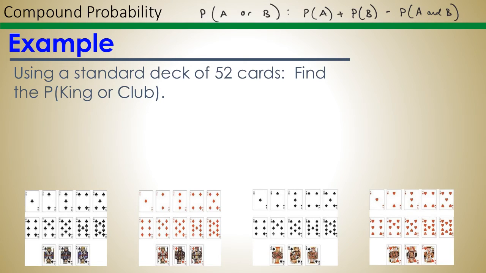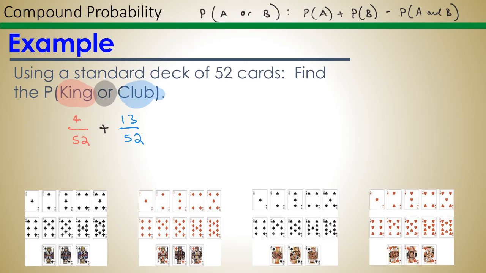Using the standard deck of 52 cards, find the probability of getting a king or a club. Starting with king, there are 4 kings in this deck of cards, so 4 out of 52 cards are kings. Whenever we see the word or, that means we're going to add. Then club: there are 13 clubs in the deck of cards, so the probability would be 13 over 52. But there is an overlap.